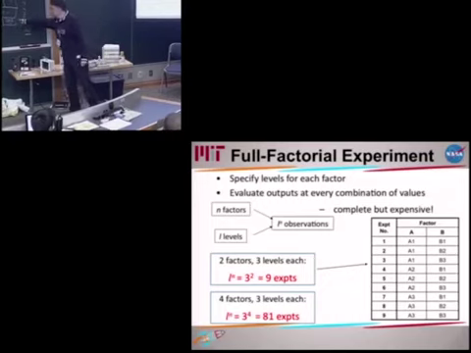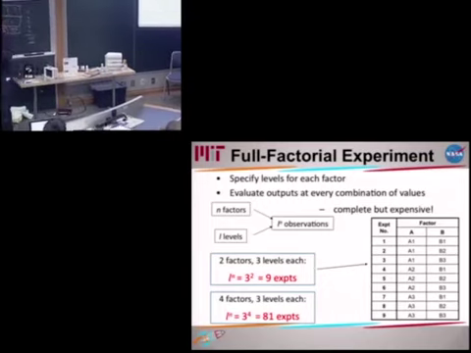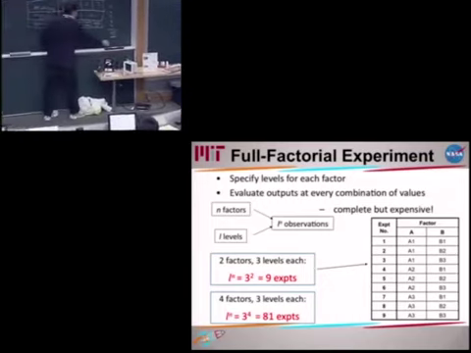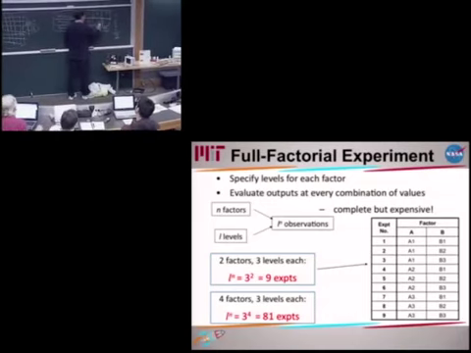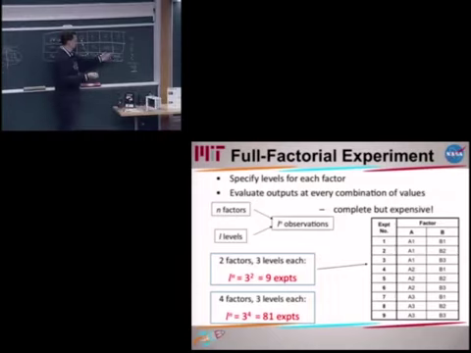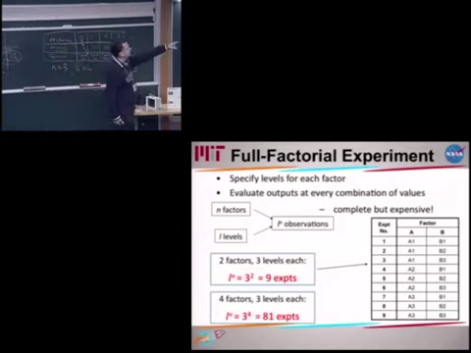But let's say we turned this into a more regular 10% and then 20. Okay, so now we've turned this into an n equals 3, L equals 4 experiment, right? 3 factors, 4 levels. You need L to the n observations.